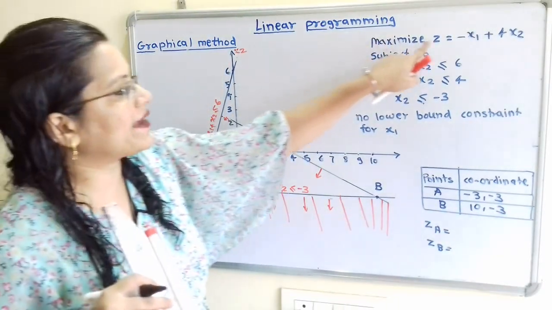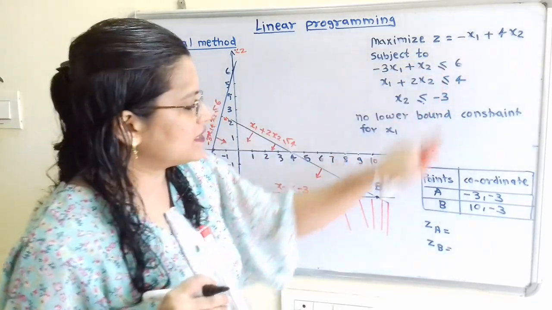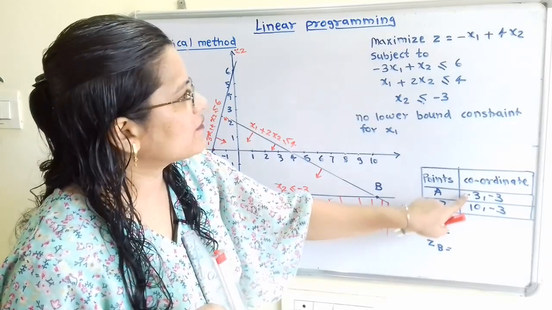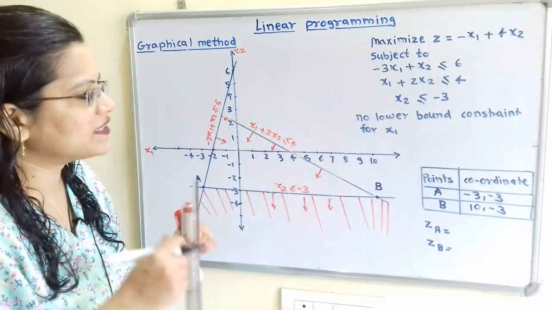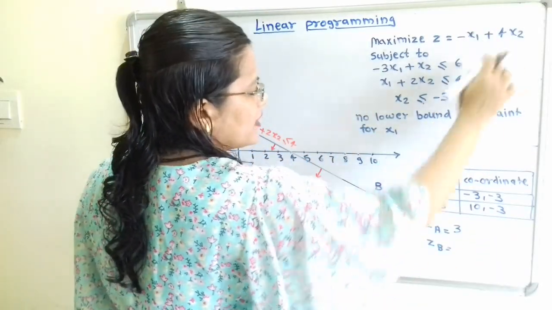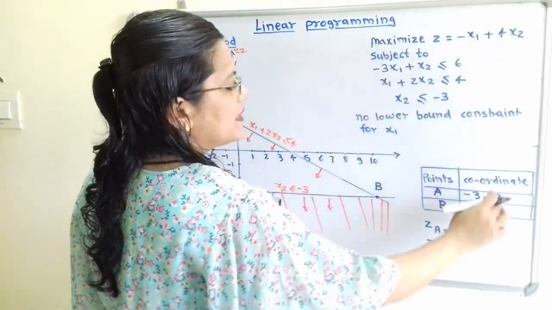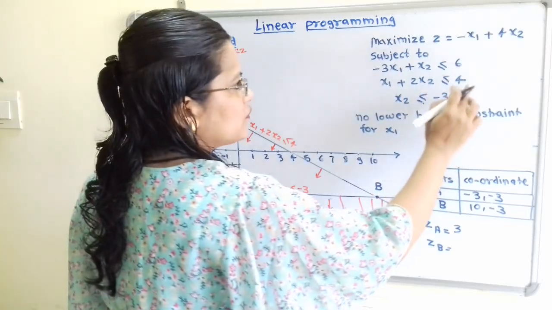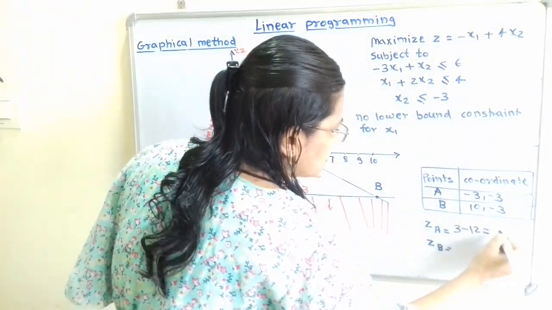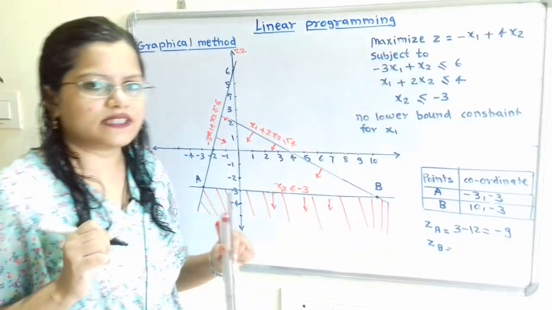Now we have to maximize z, so we will calculate this. ZA is equal to -x1, that is -(-3), that is 3, plus 4 into -3. 4 multiplied by 3 is 12, that is -12. So when we calculate this, we get the answer -9.